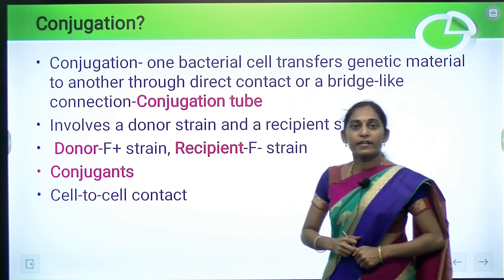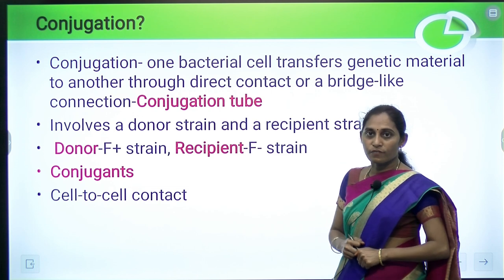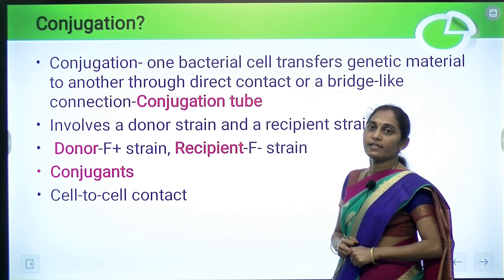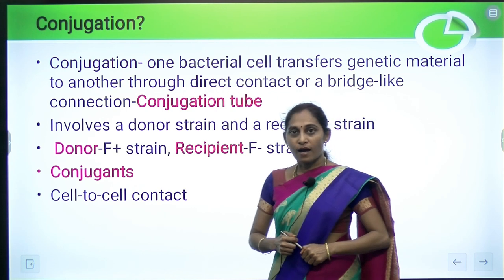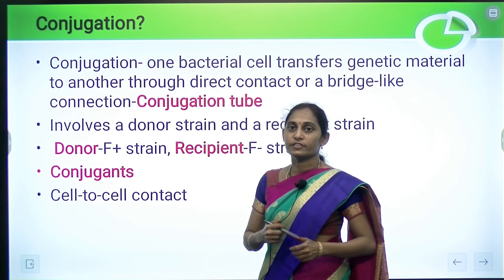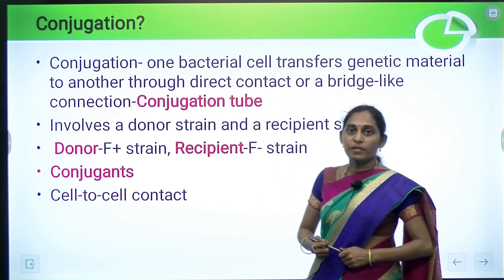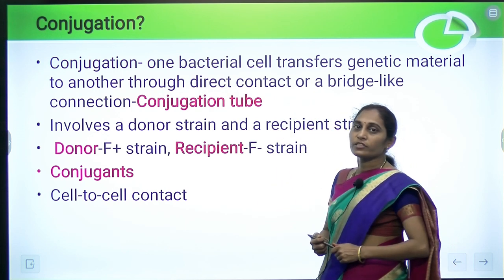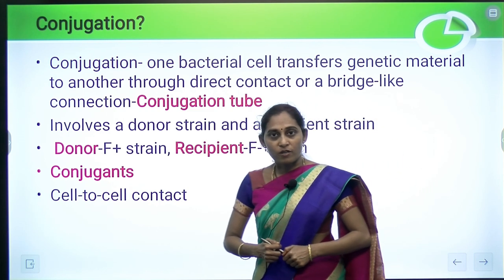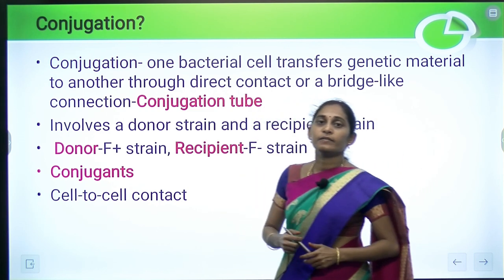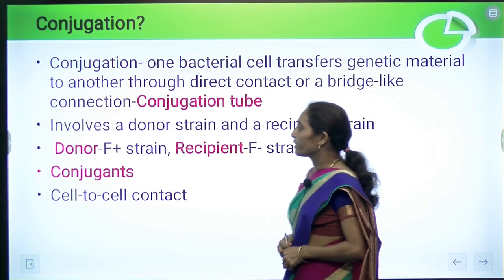If we want to define conjugation clearly, it is the genetic transfer between bacterial cells, from one cell to another, which are in direct contact with each other by formation of a cytoplasmic bridge known as the conjugation tube. The cells involved in this process are known as conjugants.